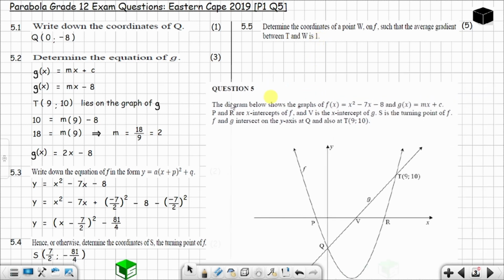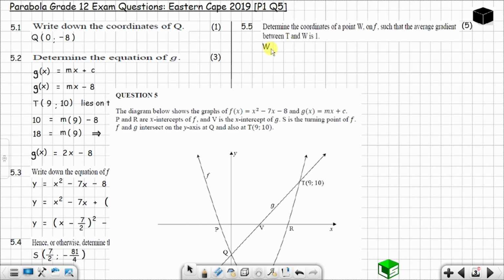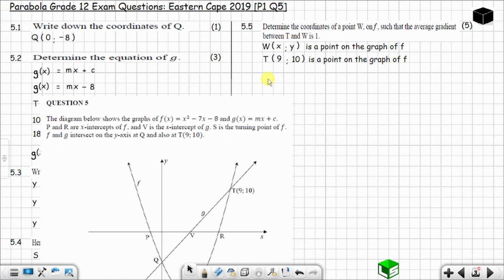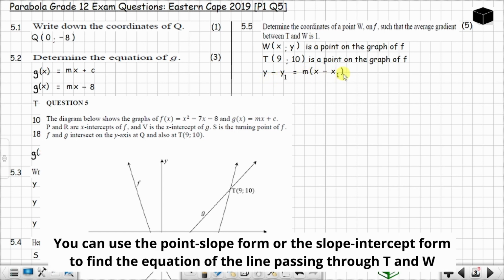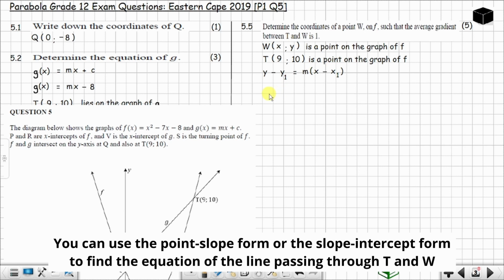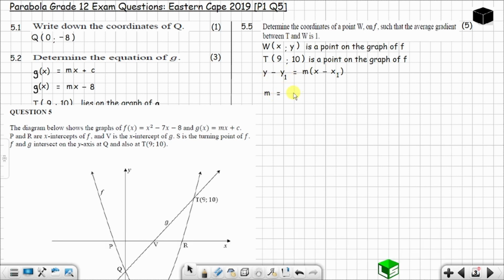Okay, so let's do this. The point W has coordinates X and Y. Let's do this because we don't know the coordinates of W. This is a point on the graph of F, and we also have T. The coordinates are given, 9 and 10, and this is also a point on the graph of F. So from the point slope form, M is equal to this over this, or you can have it as y2 minus y1 over x2 minus x1.